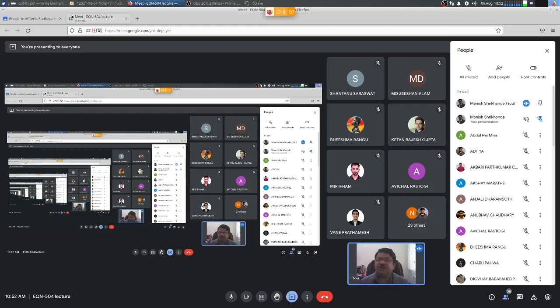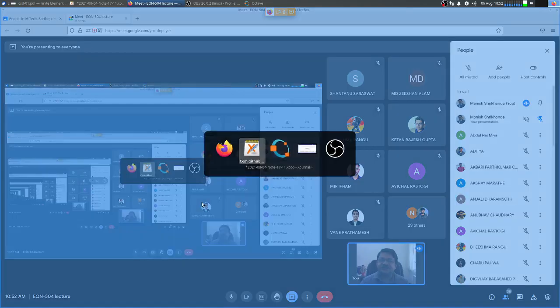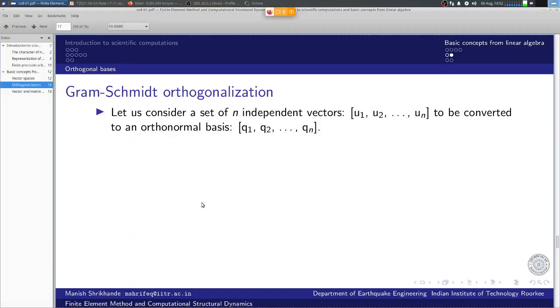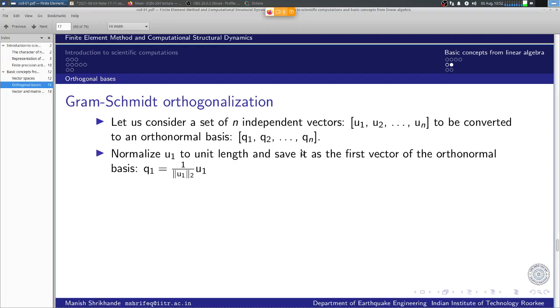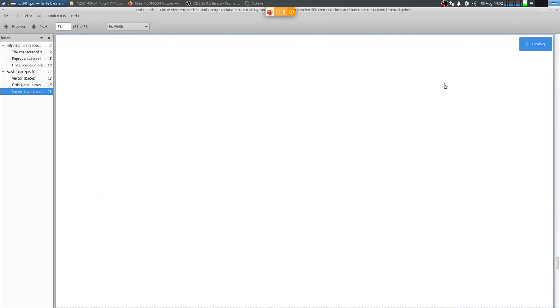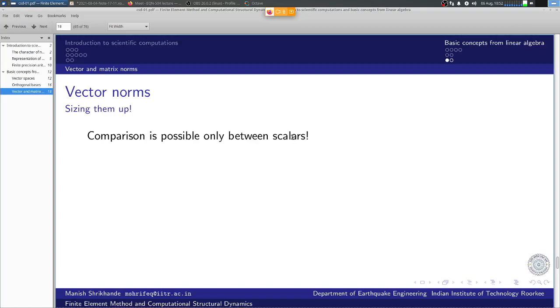Okay. So now let me go through the last two slides, which I had actually rushed through yesterday, about the norms. So the need for norms is how do you compare the vectors?